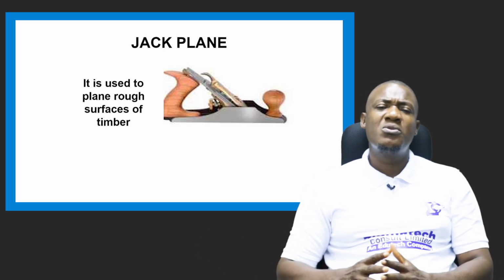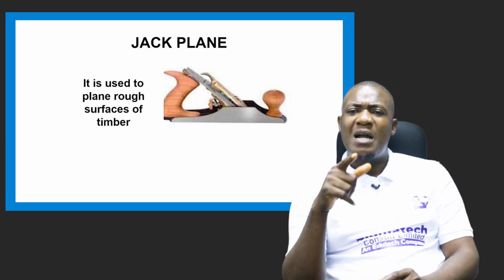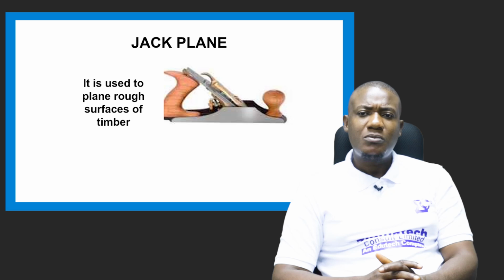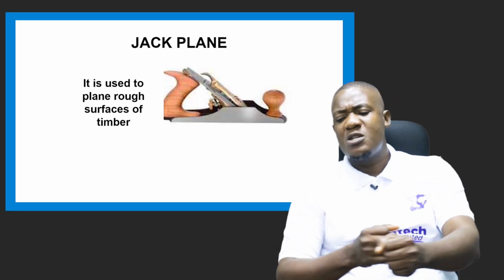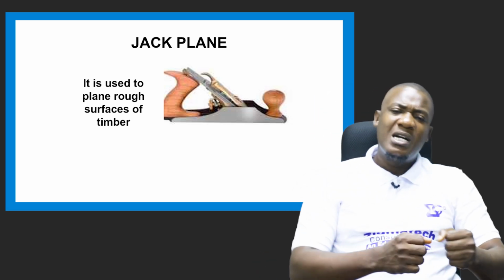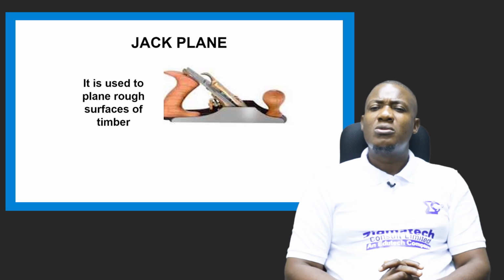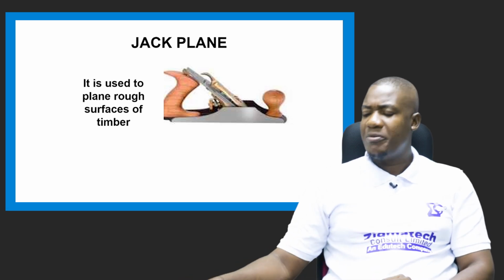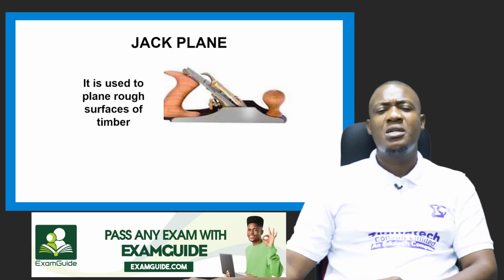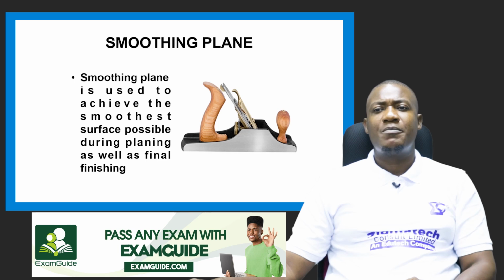When the surface of the wood is roughened by the fore plane, then the jack plane will come to plane this rough surface. Anywhere you have a rough surface of the timber, the jack plane comes to level the surface of the timber before you can get it to a fine finish that suits whatever project you have in mind.